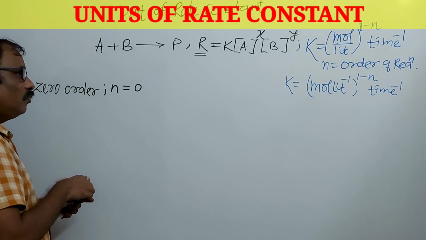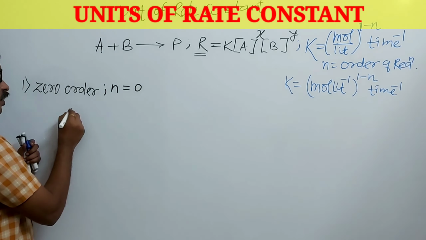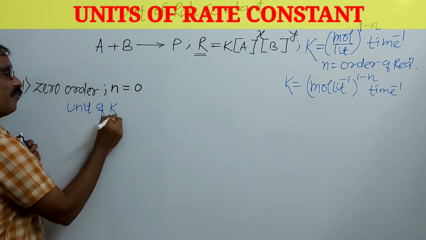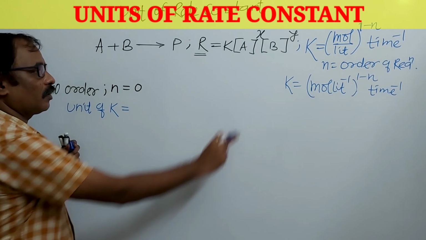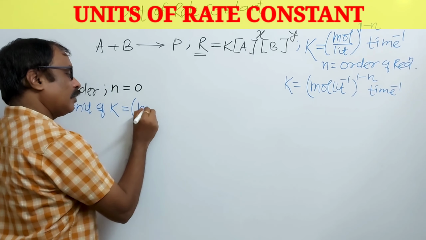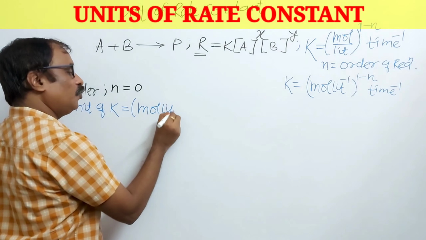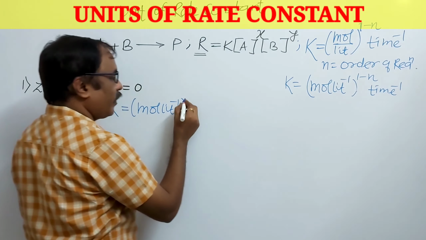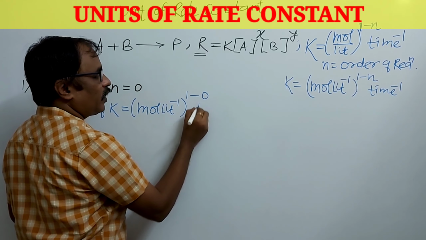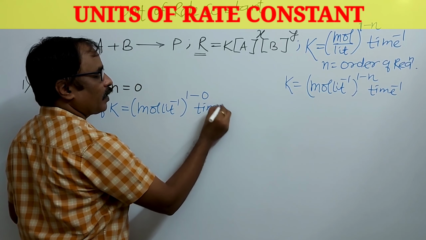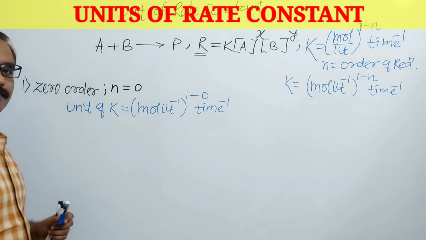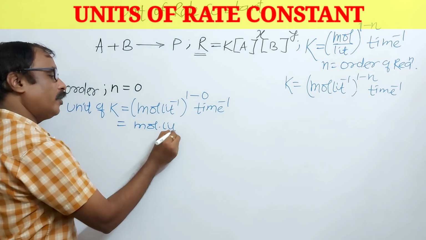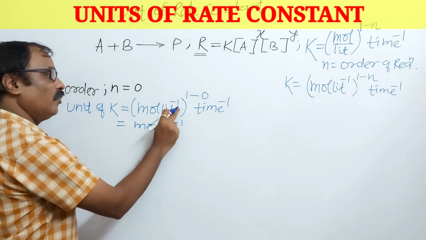Then apply this formula. K is equal to the unit of rate constant. Unit of K is equal to mole liter to the power minus 1, raised to 1 minus 0, time inverse. यानी mole liter to the power minus 1 यानी liter inverse.